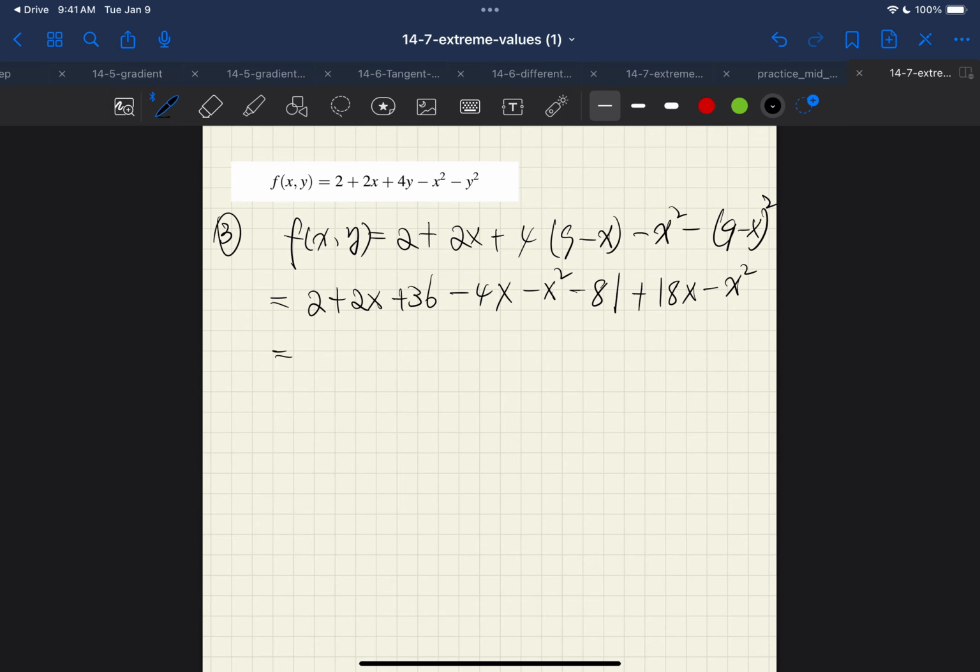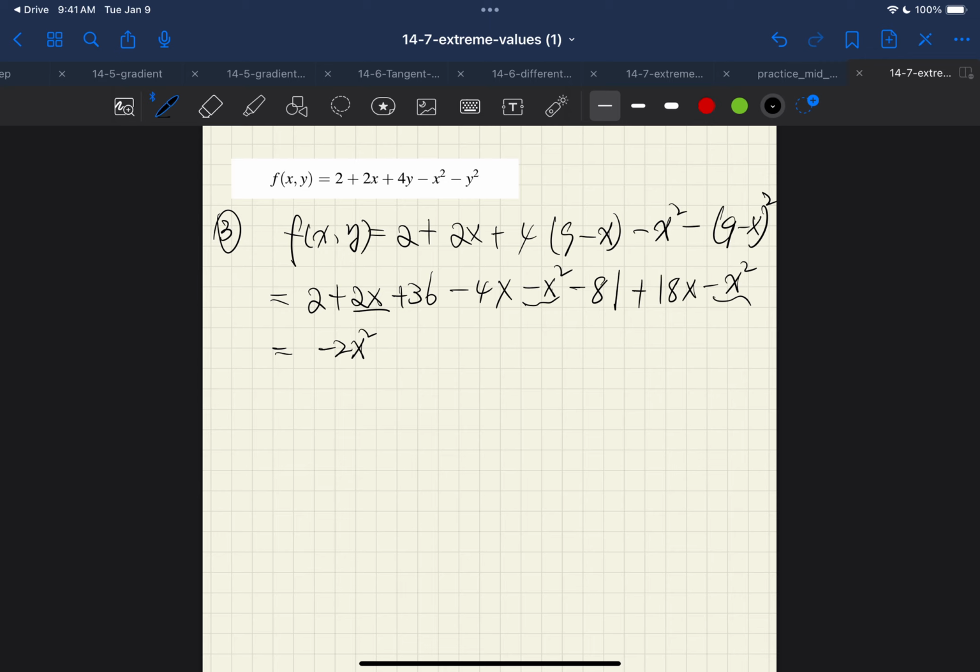So we have the second order term negative 2x squared. The first order term is 20 minus 4, which is 16x. And the constant term is 38 minus 81.